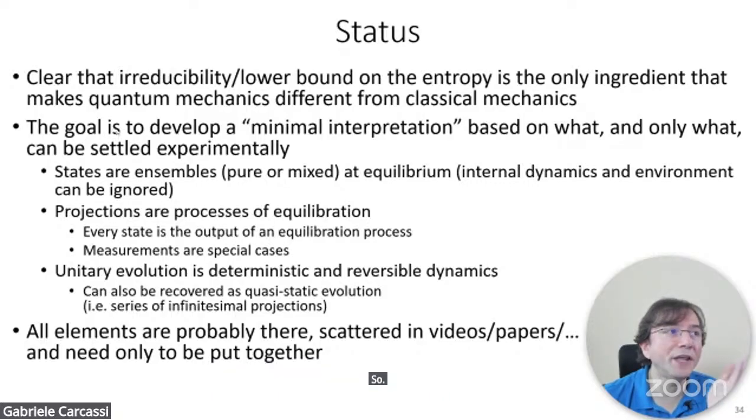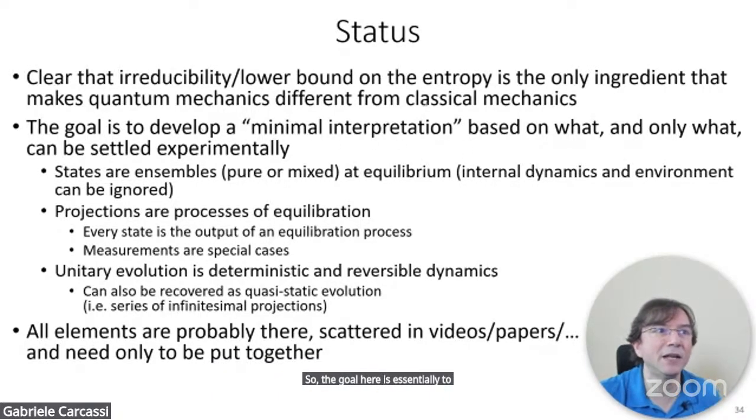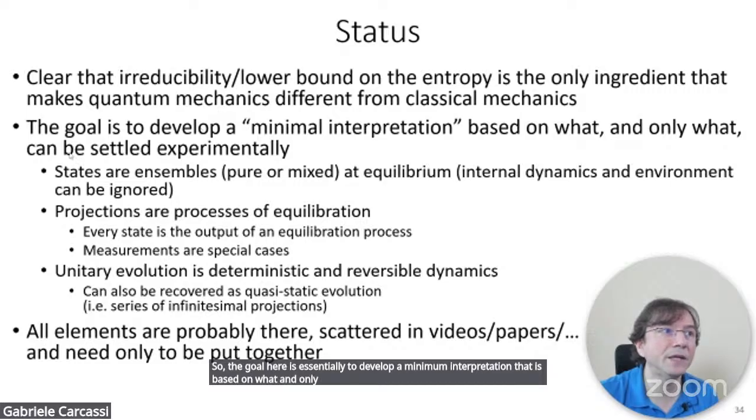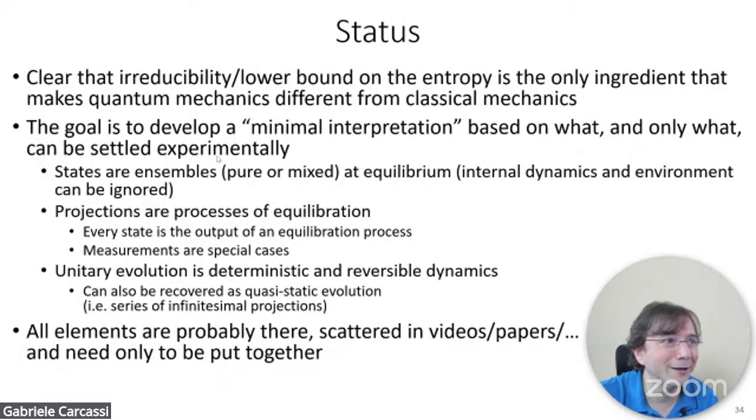So the goal here is essentially to develop a minimal interpretation that is based on what, and only what, can be settled experimentally. So no talk about hidden variables and multiple worlds or whatever people like to talk about.